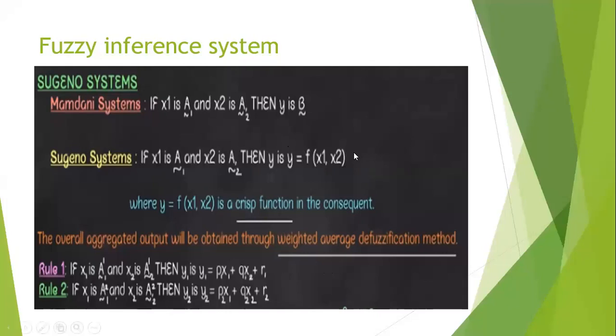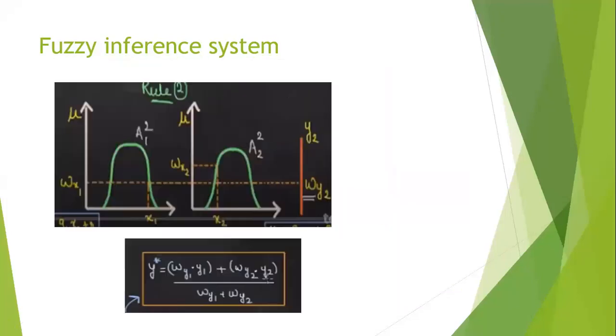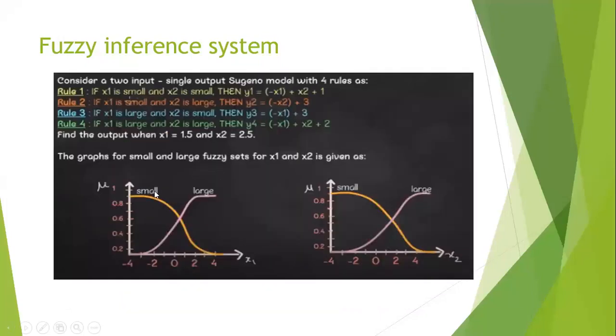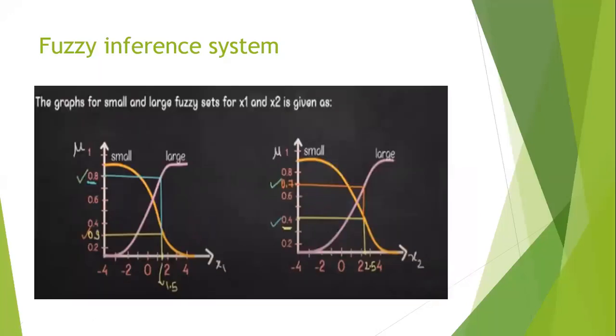you need to identify whether your antecedents are correlated with AND operator or OR operator. Same principle as your Mamdani. Okay, here all the fuzzy rules are mentioned with AND operator only. So if you are considering the first rule, if x1 is small and x2 is small, pertaining to x1 1.5 you are finding out the small membership function value.